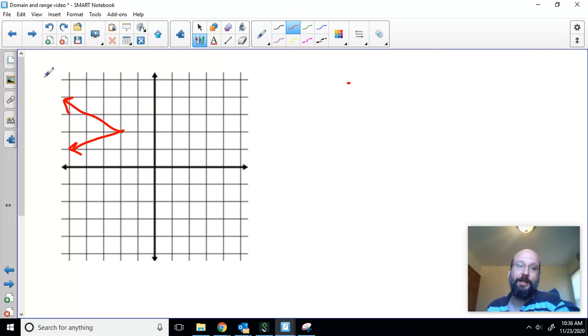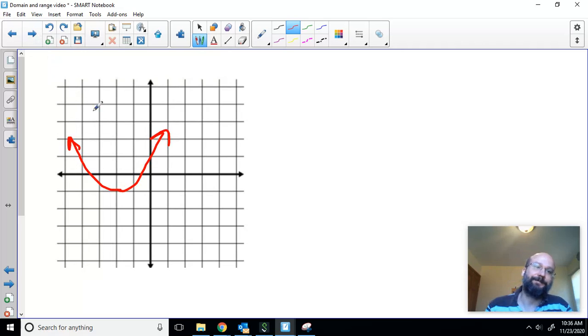So the first thing to think about when you're doing this is that if there's two arrows, then either your domain or your range is going to be all real numbers. You just need to look at your arrows and see where they're going.